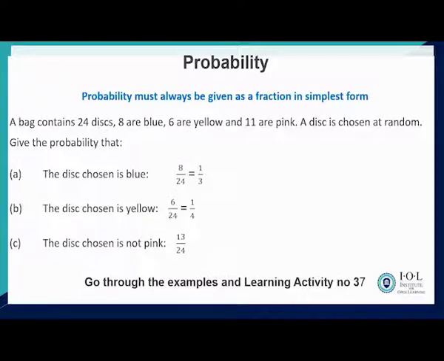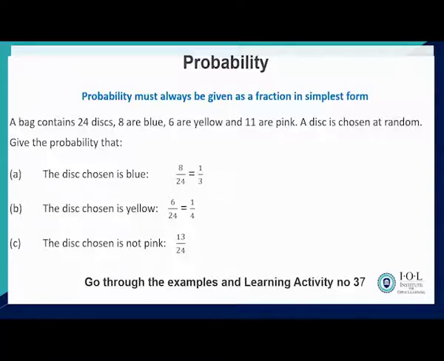There's 8 blue ones, so the number of possible discs is 8, out of the total of 24, 8 on 24. For 8 on 24, you will not get a mark. You will get 0. You must simplify it to 1 on 3. Yellow, of course, then 6 out of 24, which is a quarter. You have to simplify it.